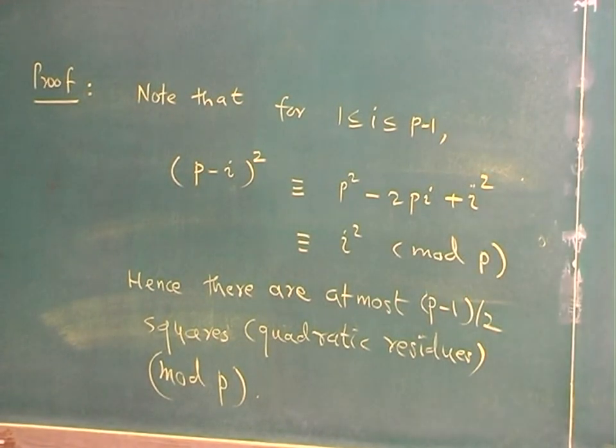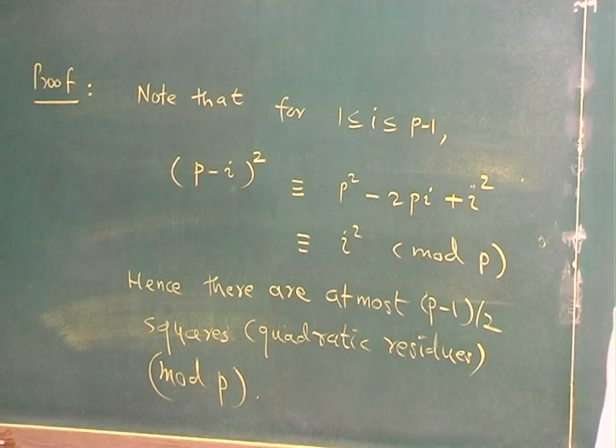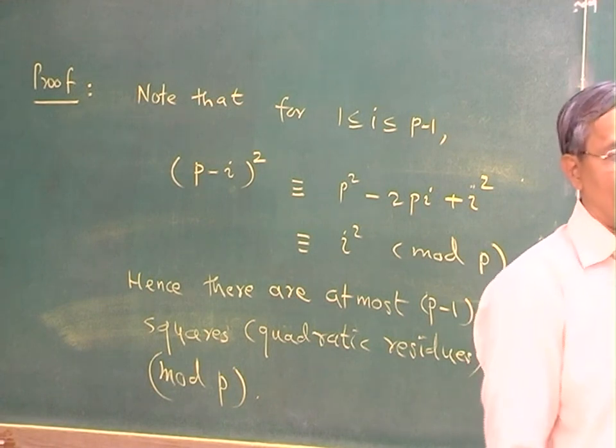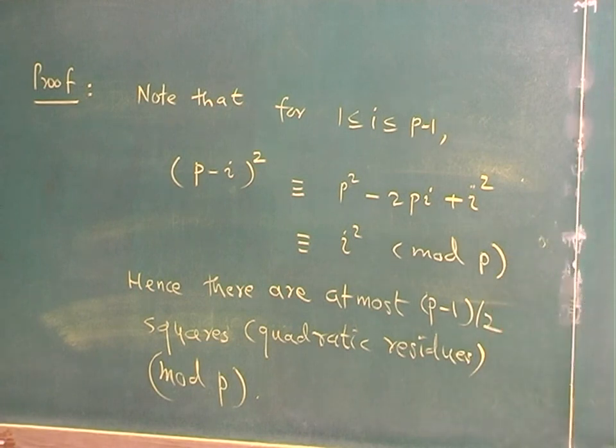But two squares sometimes are identical. When does that happen? Two numbers, they have the same square mod p. When does that happen? Now if you take the example of modulus 8, 1 square, 3 square, 5 square, 7 square, they are all same, they are equal to 1.